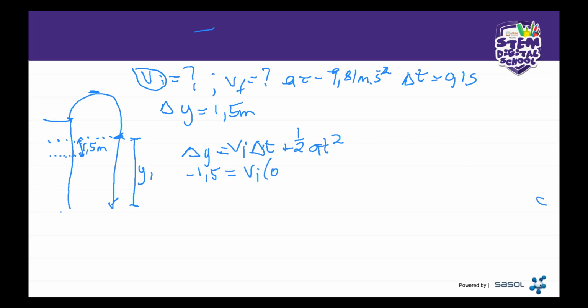And our time is 0.1 because it's given. Okay. So plus half minus 9.8 times 0.1 squared. Okay. So our initial velocity, because we're going to take this answer, we're going to take it this side.